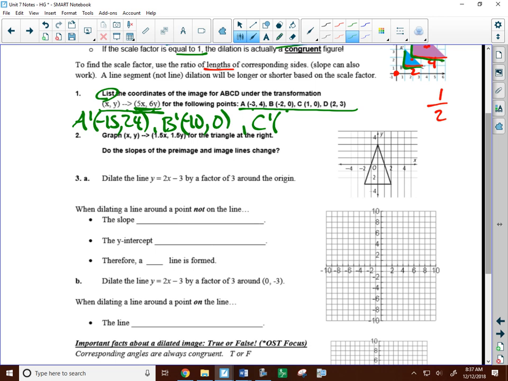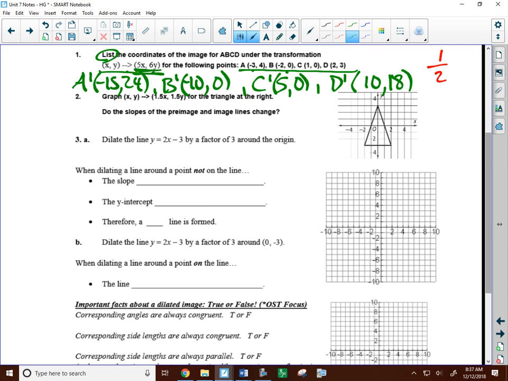For C prime, 1 times 5 is 5, 0 times 6 is 0. For D prime, 2 times 5 is 10, 6 times 3 is 18. Okay, I'm going to move on quickly from that one.